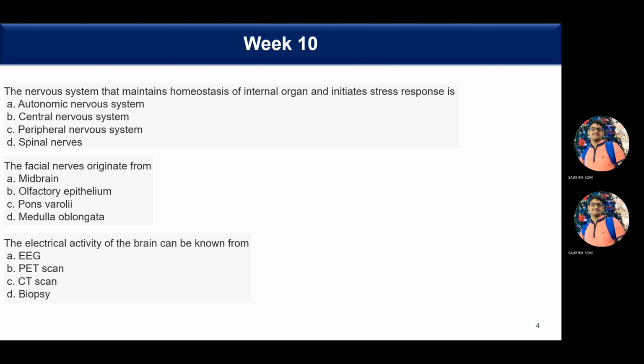It is the autonomic nervous system. It has sympathetic and parasympathetic divisions. The sympathetic system controls the protection of the body. It controls heart rate, sweating, and so on, whereas the parasympathetic system controls how the energy is conserved, right?